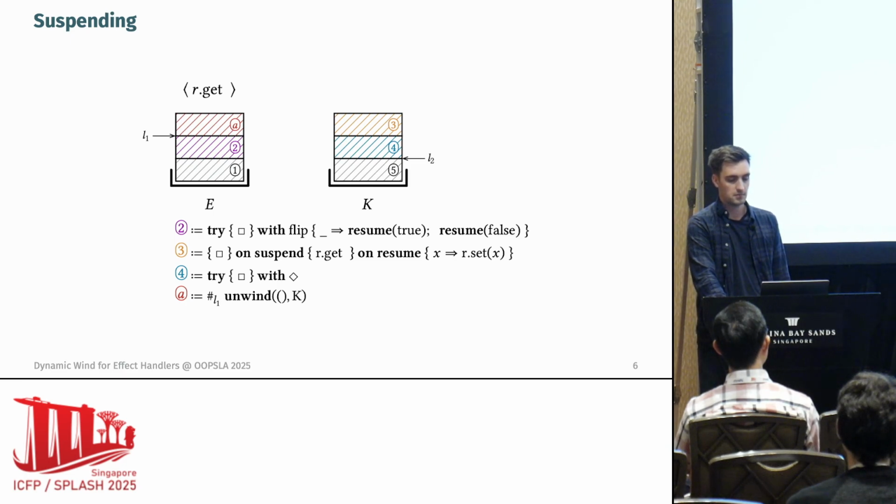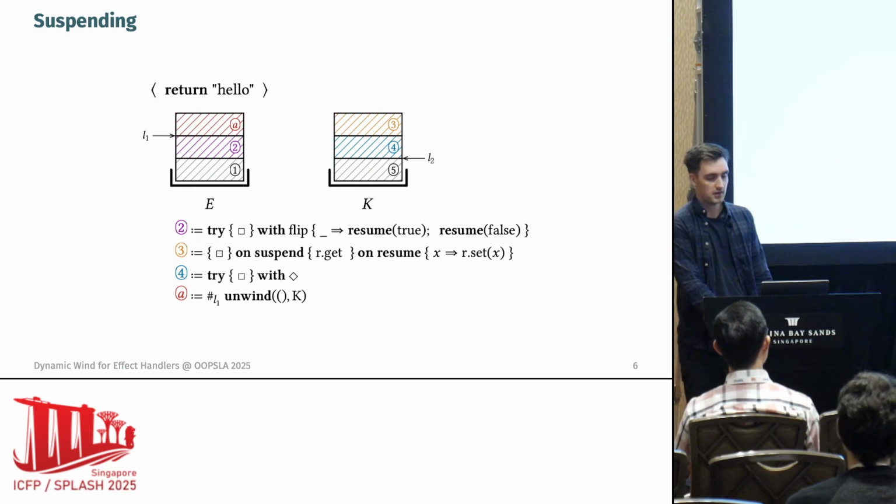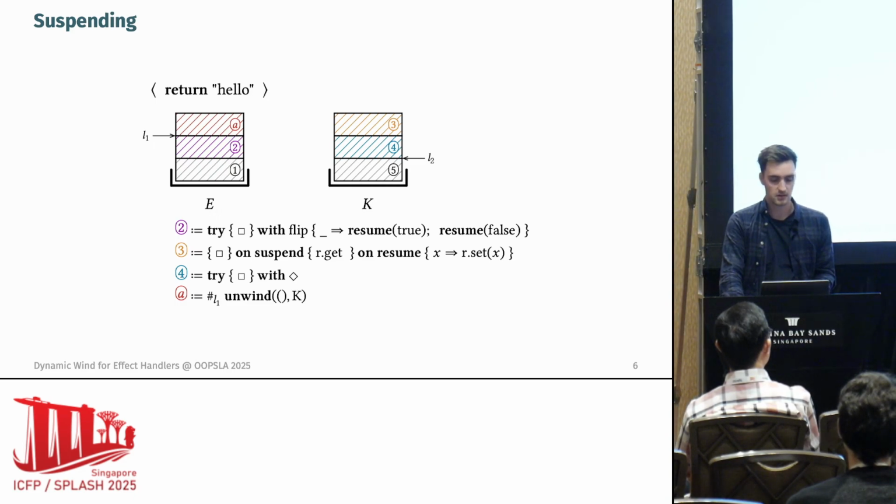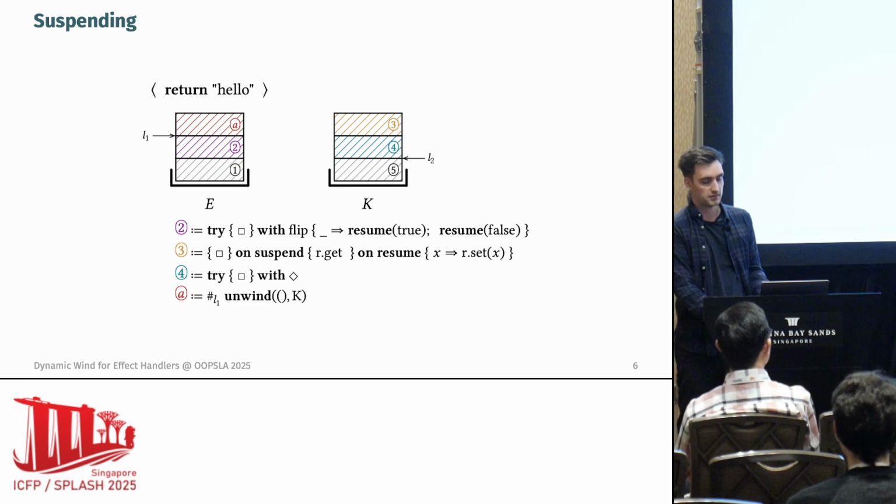And perhaps skipping some steps, eventually we'll just return hello after executing the on suspend body. And then we see that there is this unwind frame, which we want to return to, but this now serves as a reminder to continue this unwinding process we earlier started, but suspended briefly.